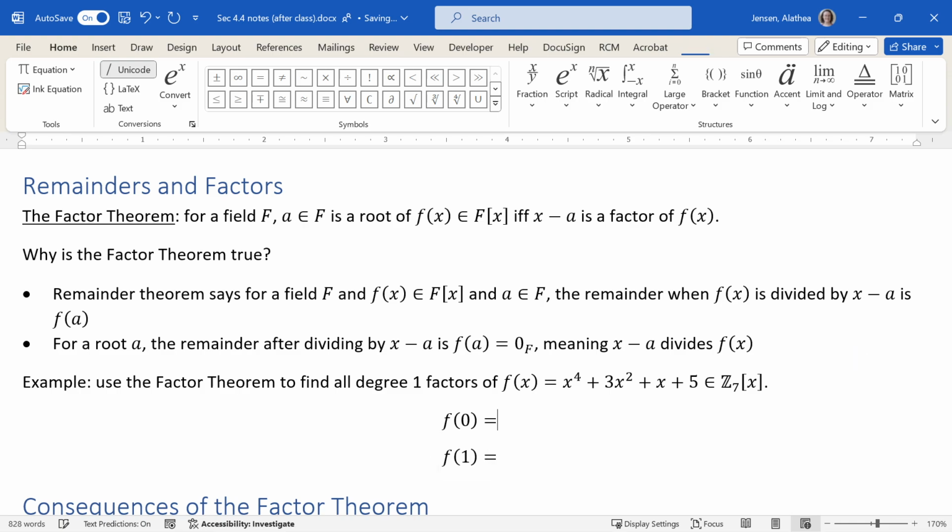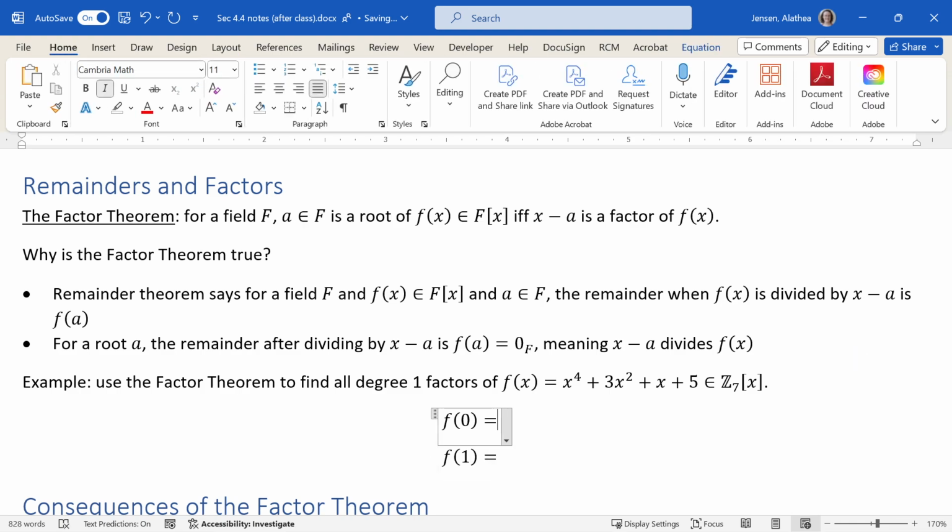So what is f of 0? Boop, boop, boop, 5. If I plug in 1, I get 1 plus 3 plus 1 plus 5. What is that, 9? So in Z7, that's, no, sorry, that's 10. Gosh, I'm recording this too late at night. So that in Z7 is 3, not 0.